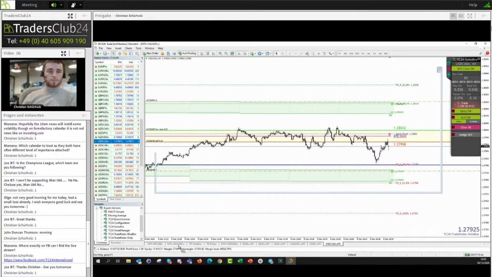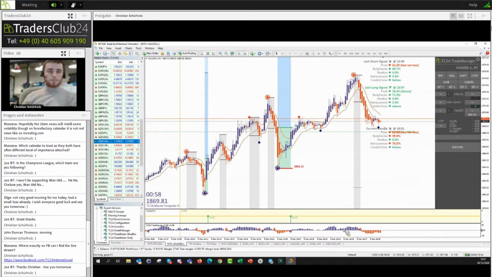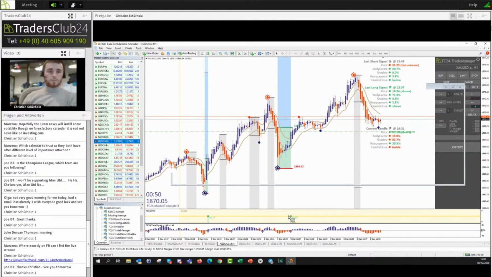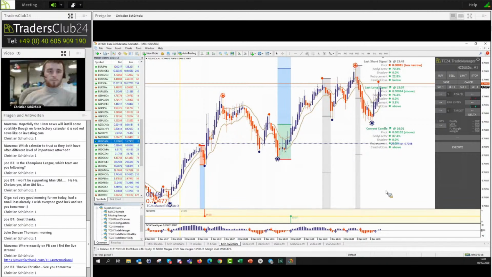Have a look and see what's going on in these charts. Not so much, not so much. Over here, that swing high. We've had a bit of a signal candle here.